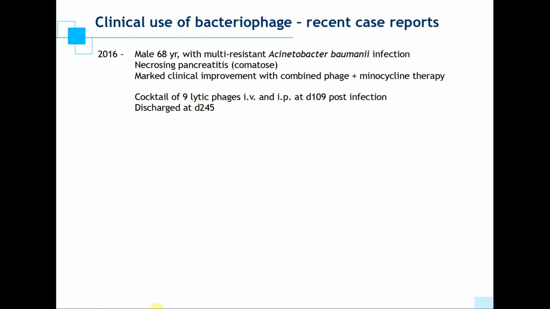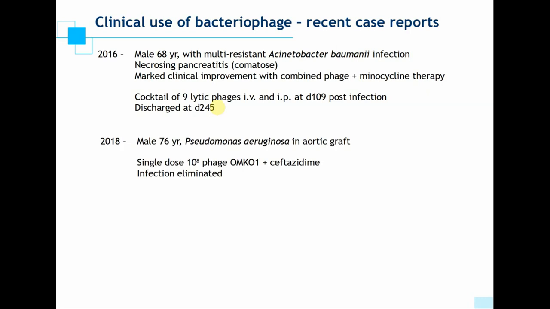Acinetobacter baumannii is an opportunistic gram-negative pathogen. And this person was almost dying, and he was practically in a coma. And they gave him a cocktail of 9 lytic phages, and he managed to eradicate the bacterial infection, and he survived and was discharged from hospital.